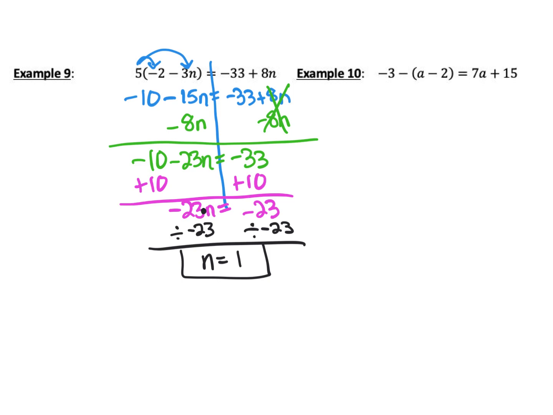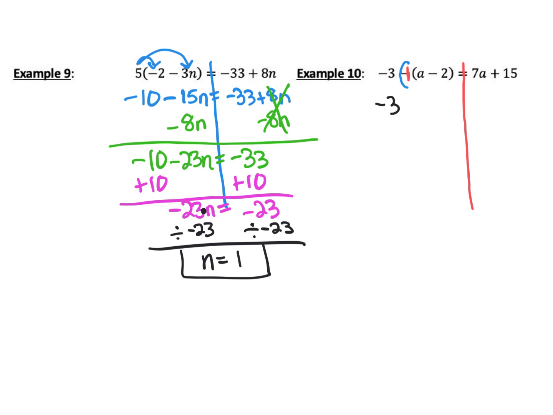All right, so example number 10 is going to be much different. So notice how this does not have a number on the outside. Remember how mathematicians don't like to write ones or zeros? Well, here's kind of a spot. Because it doesn't have a number in front of it, I'm going to put a 1 in front of it. And then I'm going to bring down my negative 3 because he has nothing to do with the parentheses.